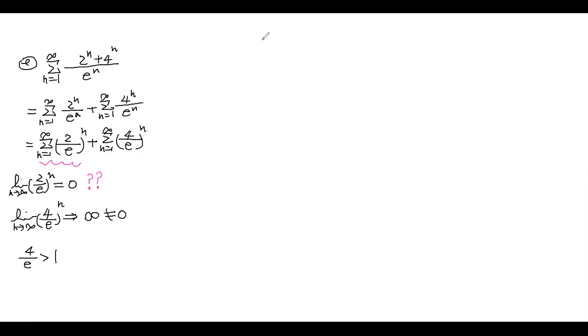So by the divergent series test, I know this part is divergent. If one of them is divergent, when you add them up, this one is divergent here. It's kind of interesting, right?